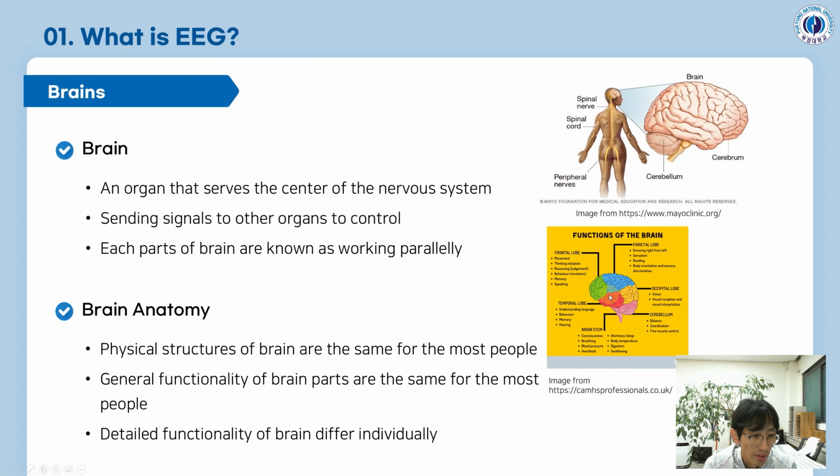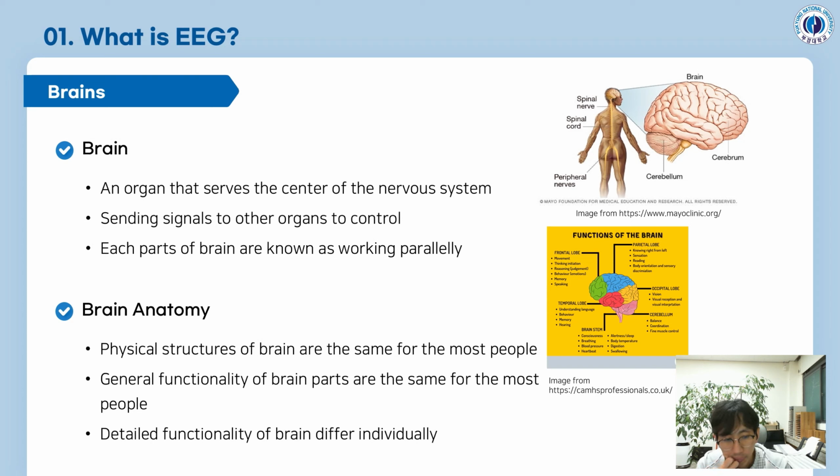So it's all different. How do we know this? Because of long-term study about our brain, some researchers found a patient who was injured in this part, the temporal lobe, and then the doctor found that the patient who was injured on his temporal lobe had some problems with his language skills.